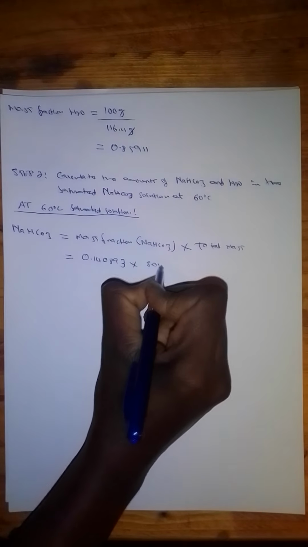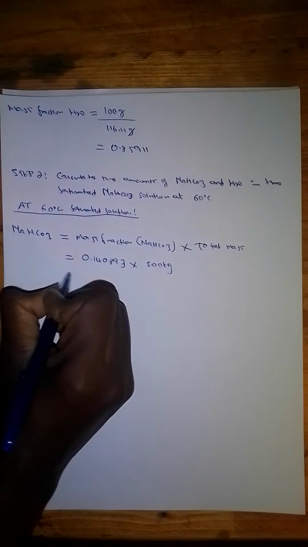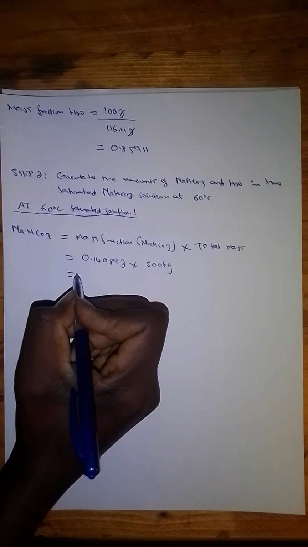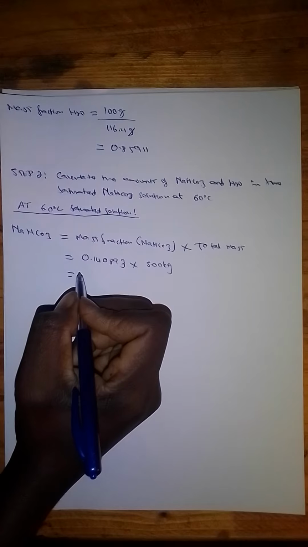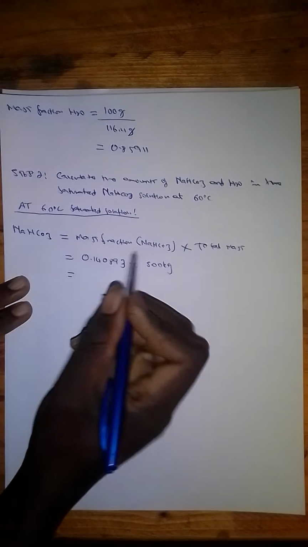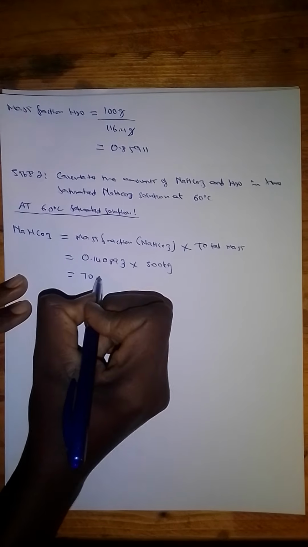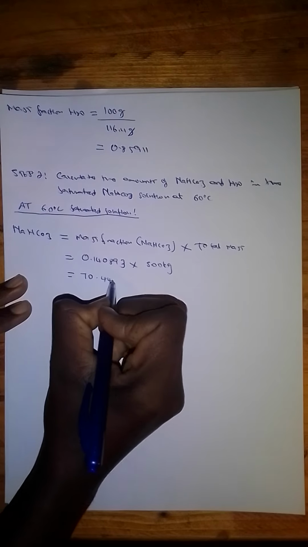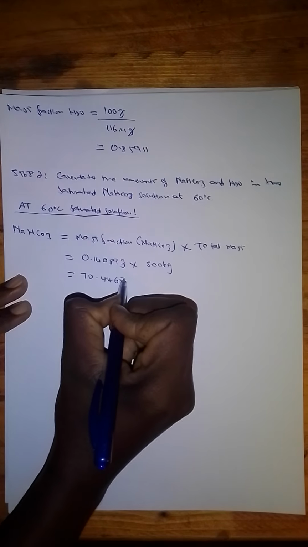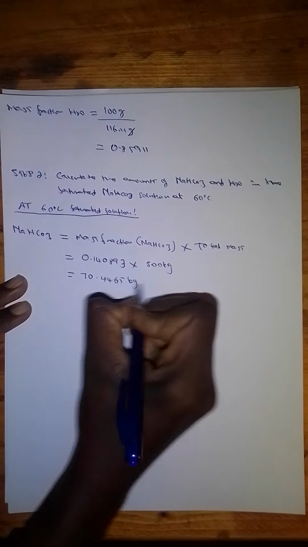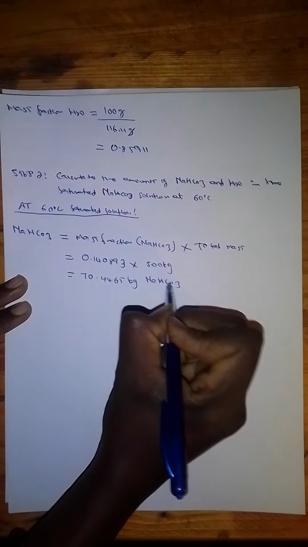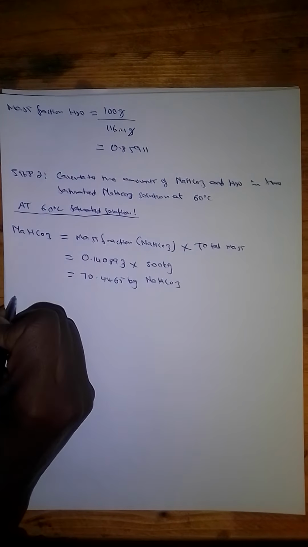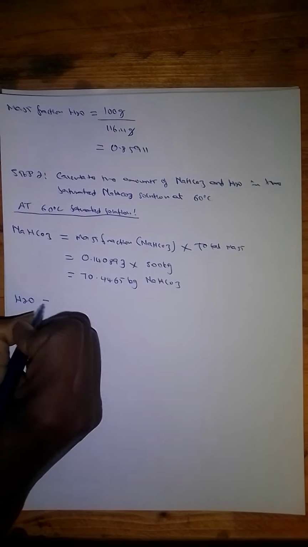If you use a calculator, it gives you 70.4465 kilograms of NaHCO3.